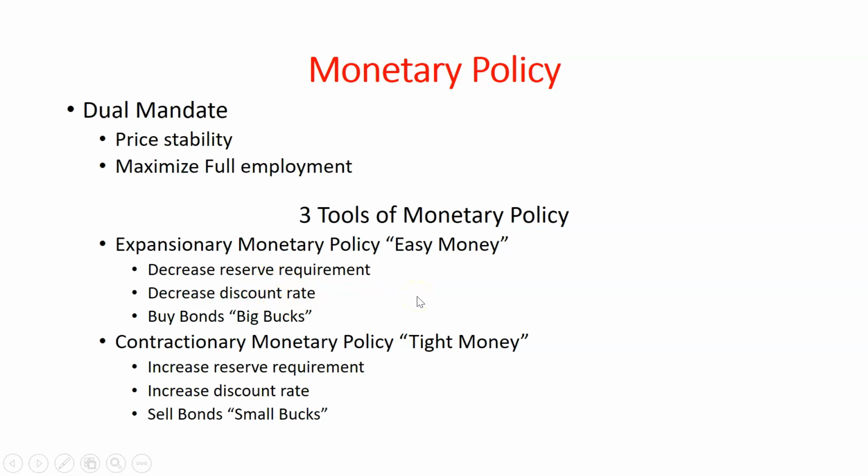That is the interest rate that the Fed charges a bank to take out a loan, because a lot of times people will confuse that with the federal funds rate. And the federal funds rate is the interest rate that one bank charges another bank. All of these tools here, especially the most commonly used one of the open market operations, what they're doing is they're targeting that federal funds rate.